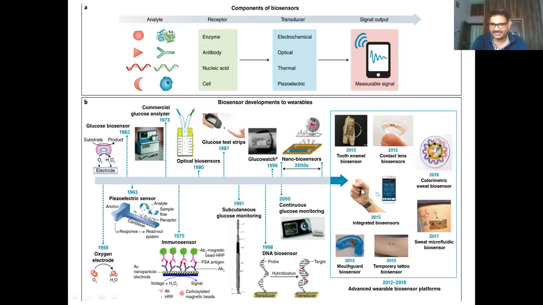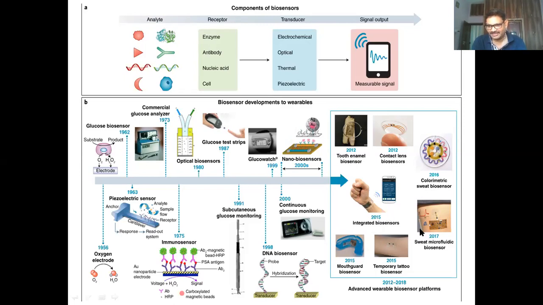At the same time, there are strips and even sweat biosensors. From sweat also, we can get the glucose levels that we normally have. So there are developments in 2012, 2015, 2017.